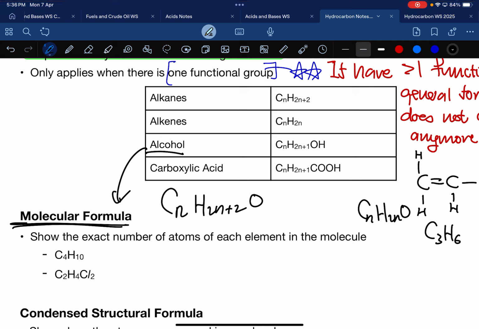It's just C got how many, H got how many, O got how many, N got how many, and so on. So this CnH2n+1OH, this is the general formula. Then the functional group is the alcohol, alkene, alkane. Yes, the functional group is this. Alcohol, alkene, alkane is called homologous series. It's the family of compounds. Cool?